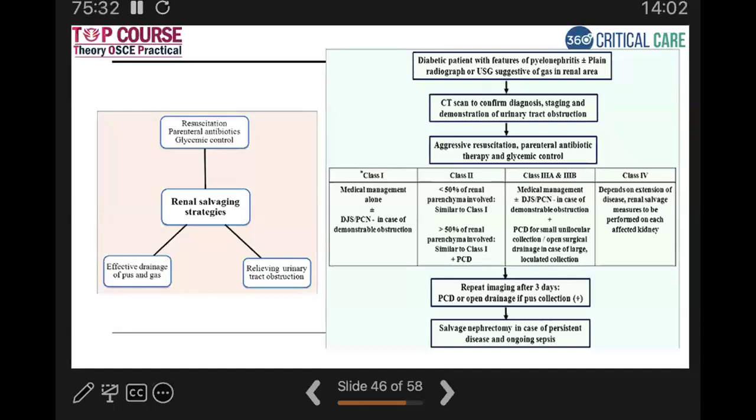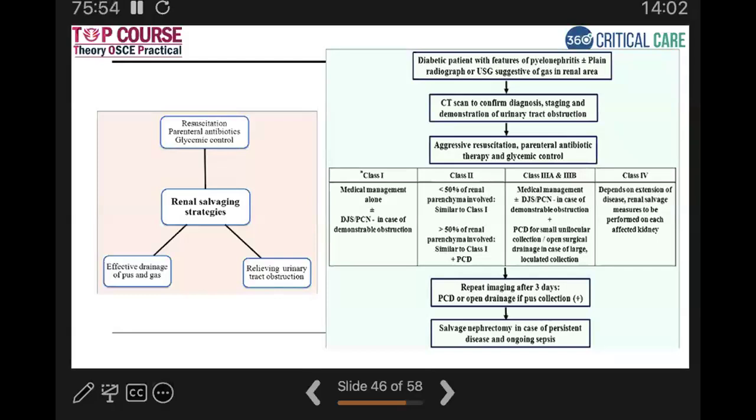When the patient is in class 3A and B, along with medical management and removal of the obstruction, either by DJ stenting or removal of the collection by percutaneous nephrostomy, always keep a backup of open surgical drainage, because percutaneous drainage may not be effective in such patients since the collection is huge.